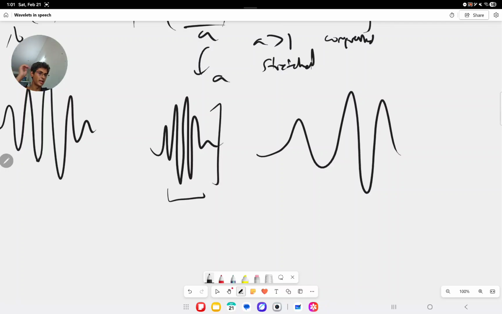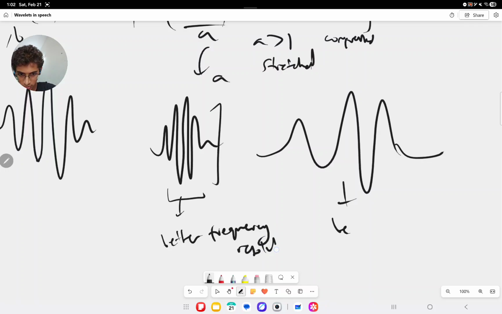Or if I want a better understanding of how long something goes, then I can take the stretched version. Meaning if I want better frequency resolution, this is better, and this is better for time resolution. Because I'm able to observe it for longer. Here I'm not able to observe it for that long.